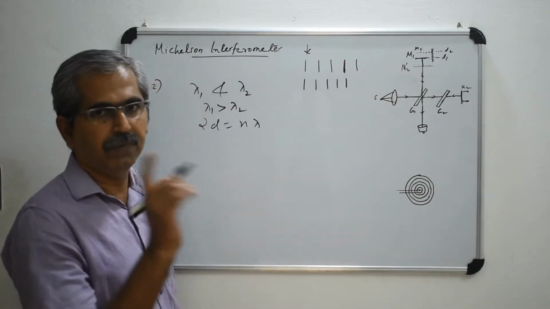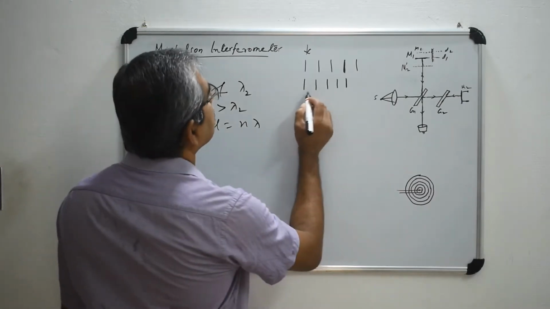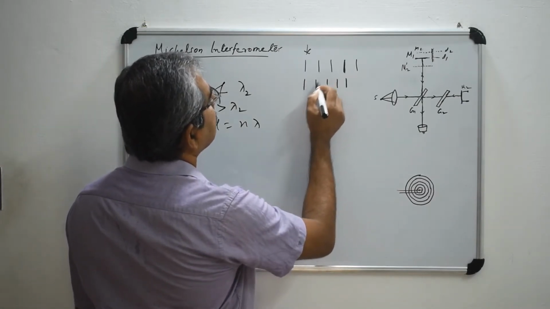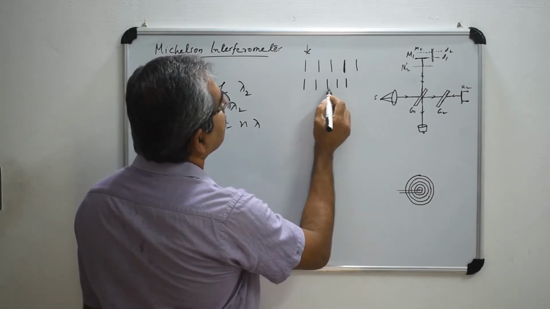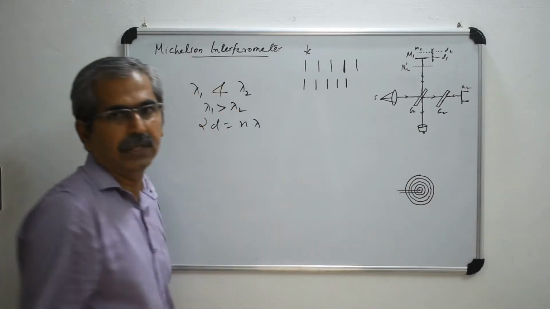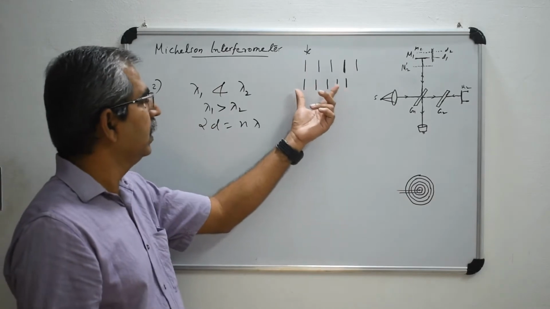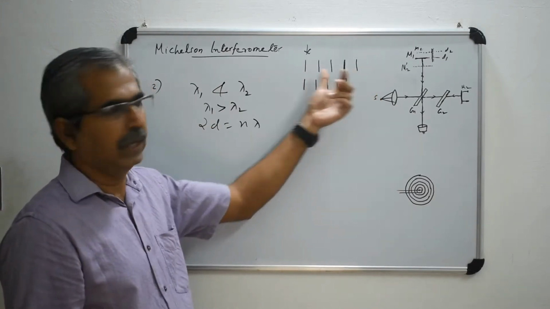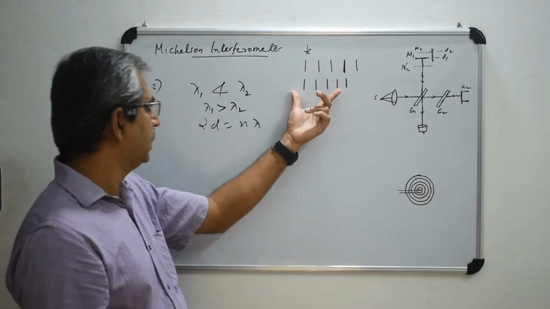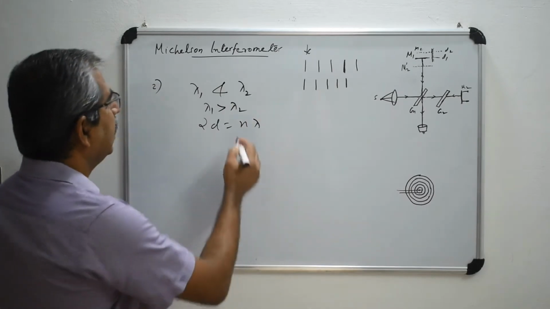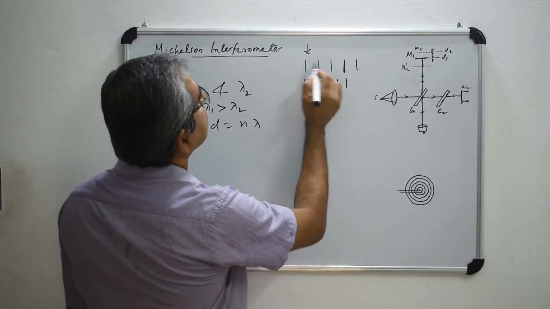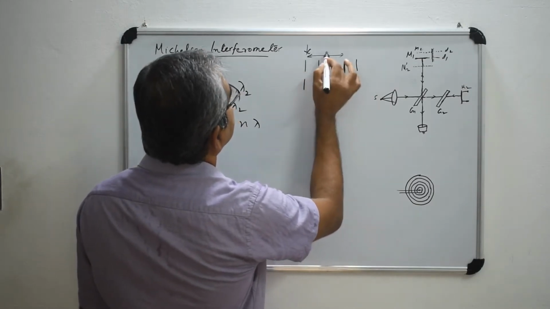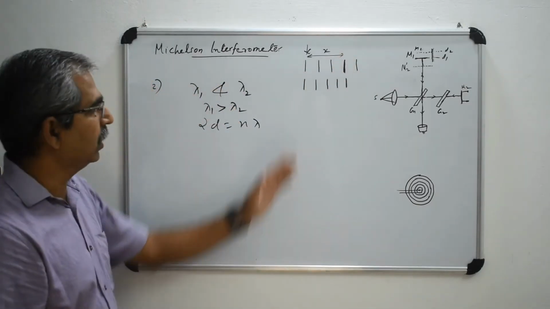So when will it happen? See, this is the first one, second one, third one, fourth one. This is the first one, second one, third one, fourth one, fifth one. That means when it is moved through a distance such that the nth one and the n plus one. So these are, say, a distance. I am actually taking the distance like this. So you are moving.